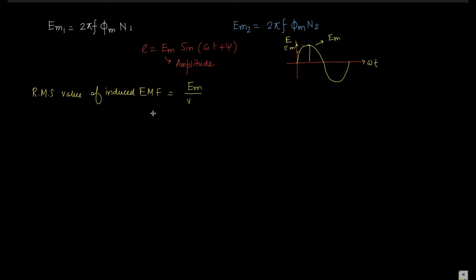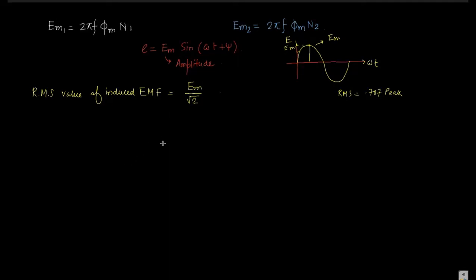The peak value divided by root 2 gives you the RMS value, that is 0.707 of the peak value.